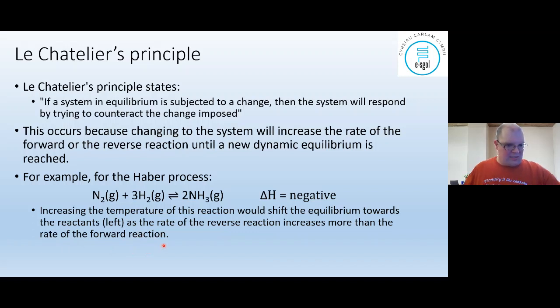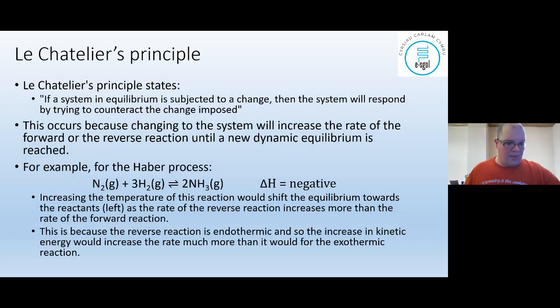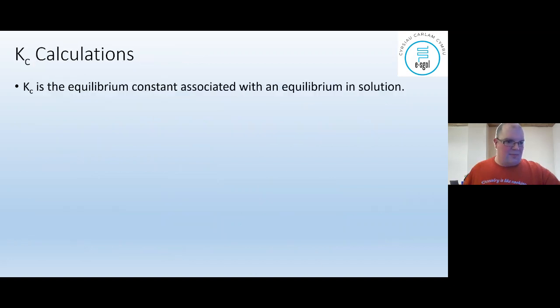Now, it's worth noting at this point that increasing temperature always increases rate, so the rate of the forward reaction would go up, but the rate of the reverse reaction would go up more. Okay, and that's because the reverse reaction is endothermic, and the increase in kinetic energy would increase the rate much more than it would for the exothermic reaction, aka the forward reaction. Okay, so hopefully that makes sense.